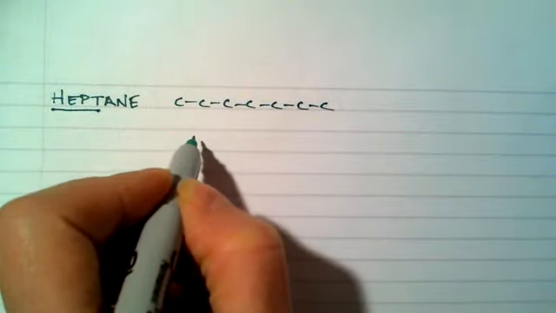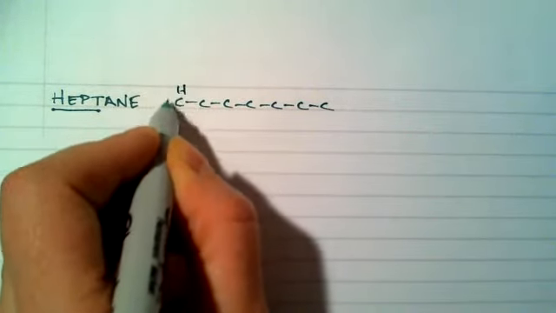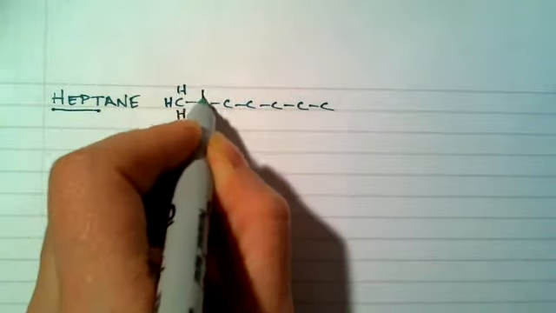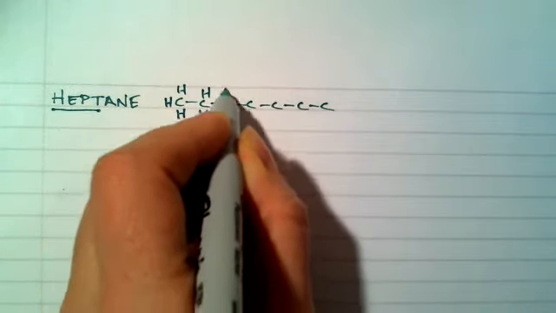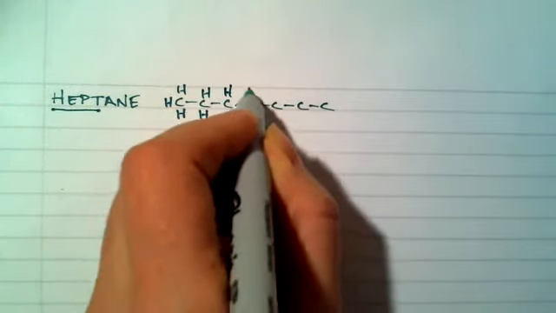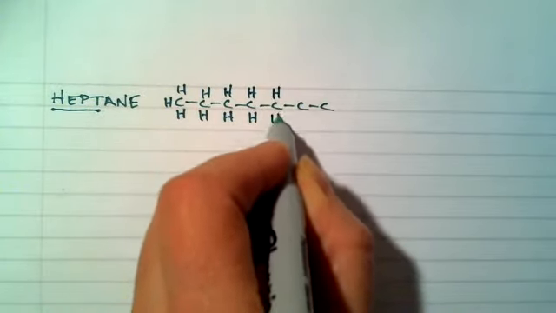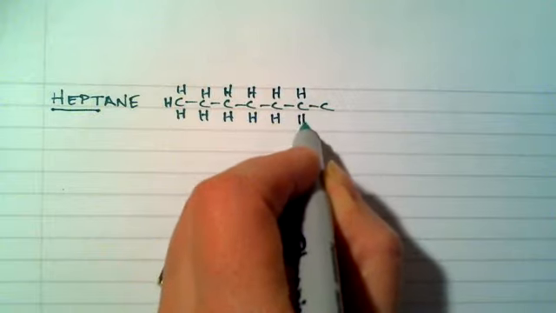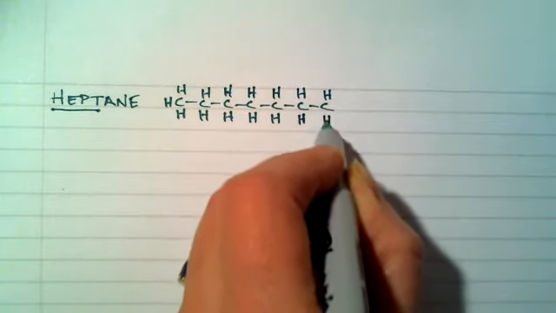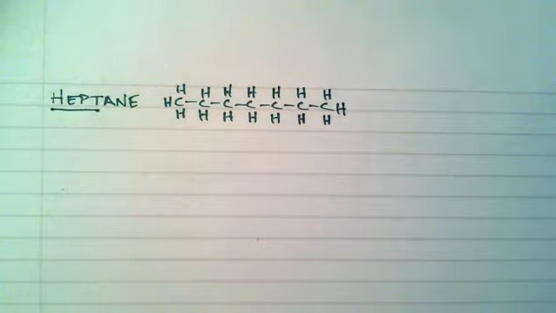And this is a hydrocarbon completely saturated with hydrogens, and we'll draw those in. And I'll forgive you for not drawing the bonds to the H and just drawing in the hydrogens themselves, because I do that too.